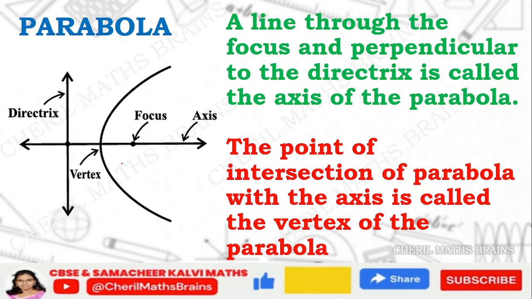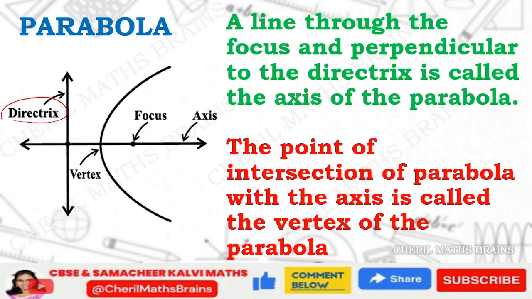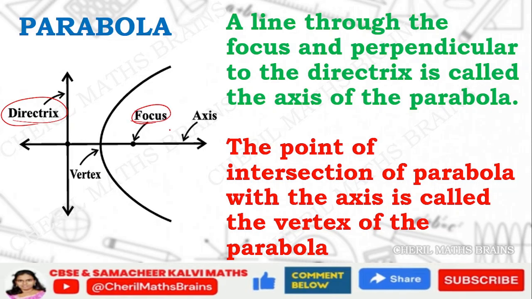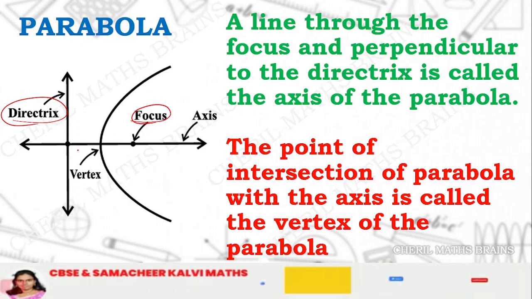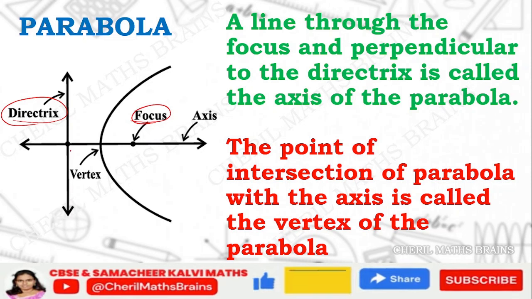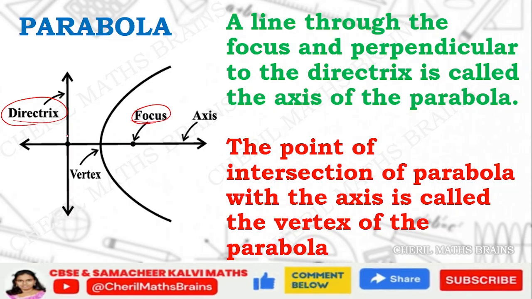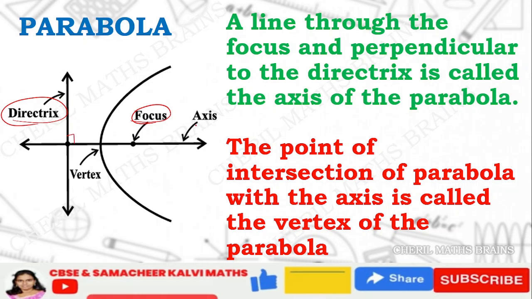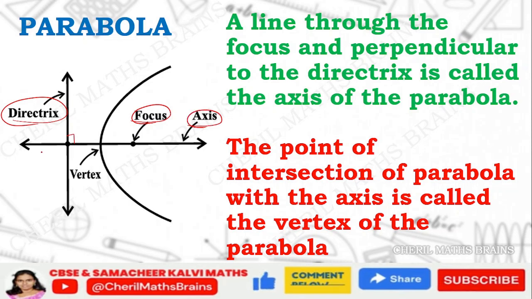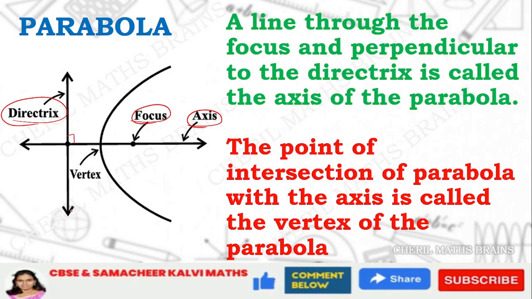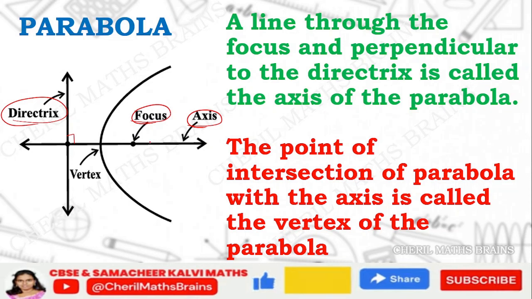Now let us see the other points which we need to remember. We've already learned about the directrix and focus. When you draw a line through the focus which is perpendicular to the directrix, that particular line is called the axis.